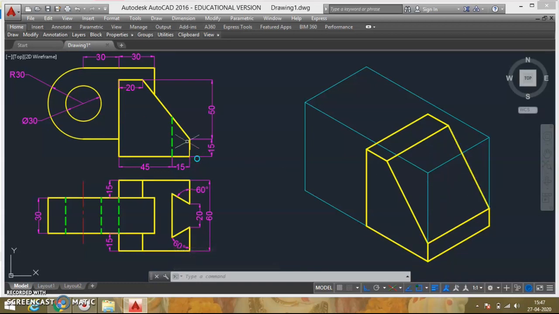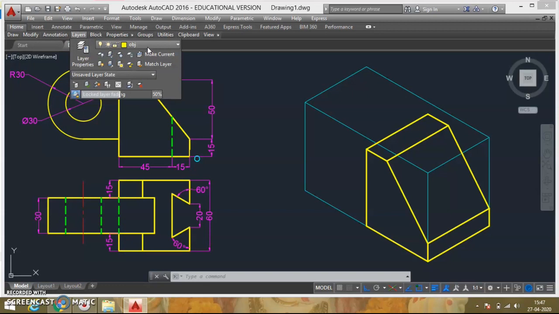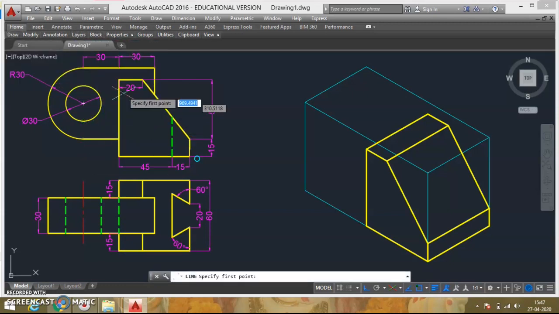Now the very next thing you can do is draw this particular circular part here. As I mentioned earlier, this particular part is not at the front, it is 15 mm behind. So for that circular part I need a rhombus, so I'll draw a rhombus which is 15 mm behind.